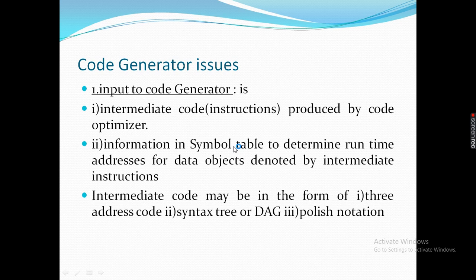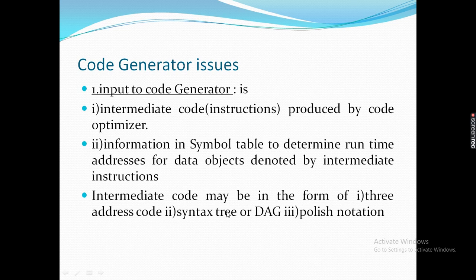It contains complete information of all the symbols used in the program: symbol name, data type, scope of the symbol, the address of the variable, and so on. This information in the symbol table is also used by the code generator to find runtime addresses for the data objects.